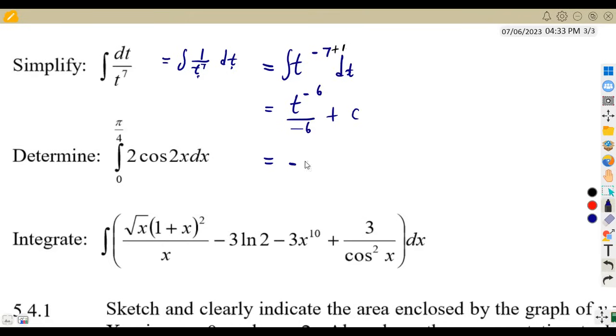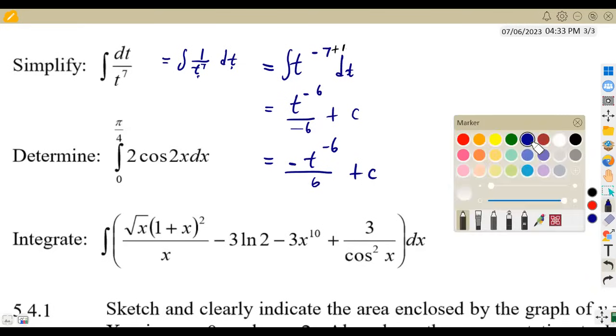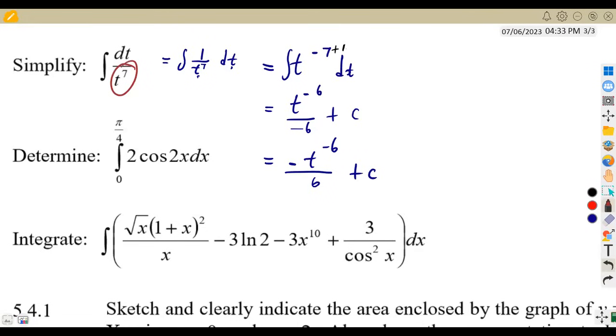That will be negative t to the exponent of -6, everything over 6 plus the constant of integration, which you can leave like that, or you can write it back as a positive exponent as it was before, meaning to say we take this down. So this is going to be -1 over 6t to the exponent of 6 plus c from our laws of exponents.